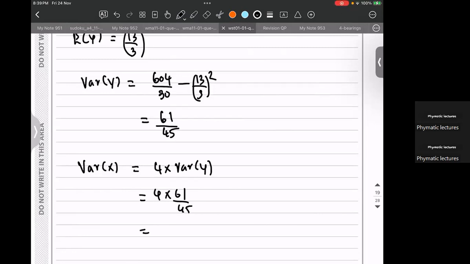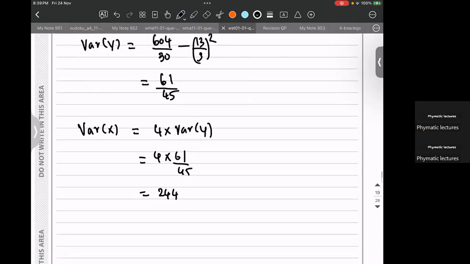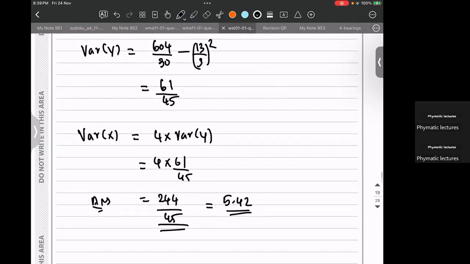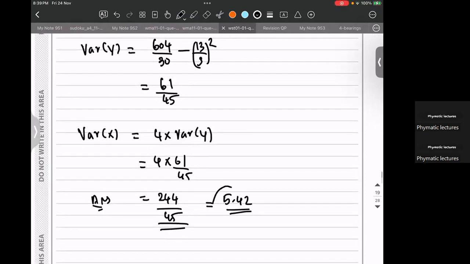The answer for this question is 244 upon 45. If you write it in decimals, it is 5.42, rounding to 2 decimal places or 3 significant figures.